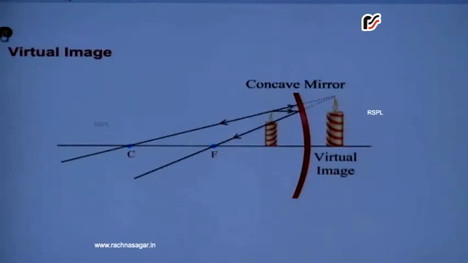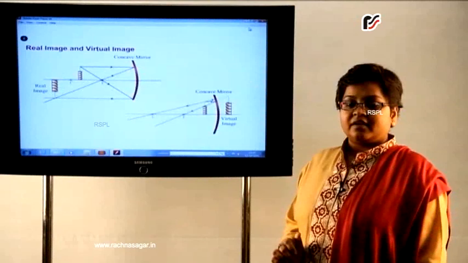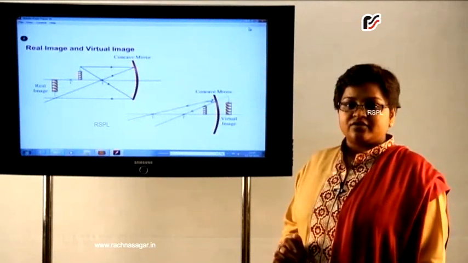In the same case for the lens, when the two rays appear to meet at a point after refraction, a virtual image is formed. Again, remember a very important thing, in the case of lenses, a virtual image is formed on the same side of object, and in the case of mirrors, a virtual image is formed on the other side of the object.